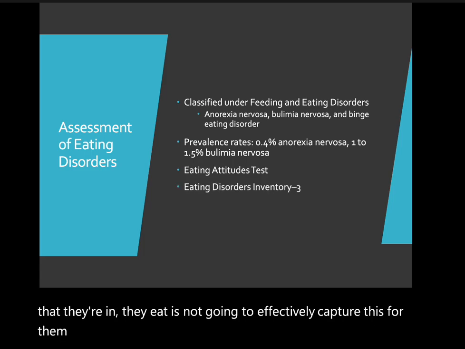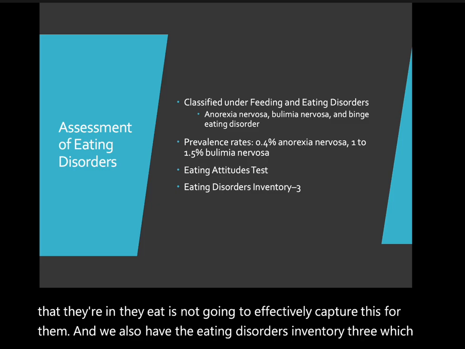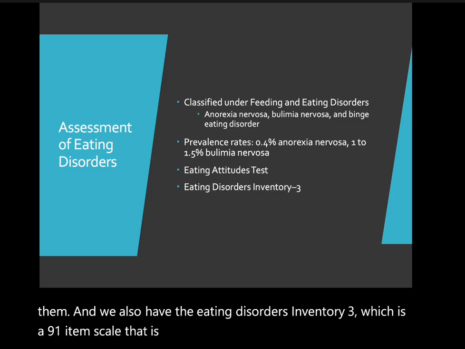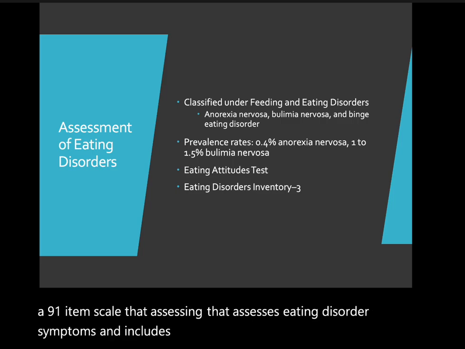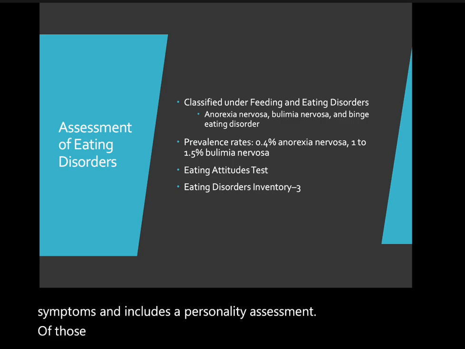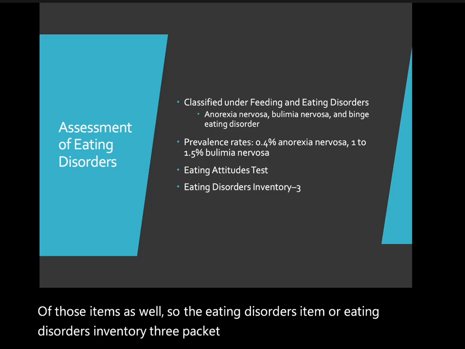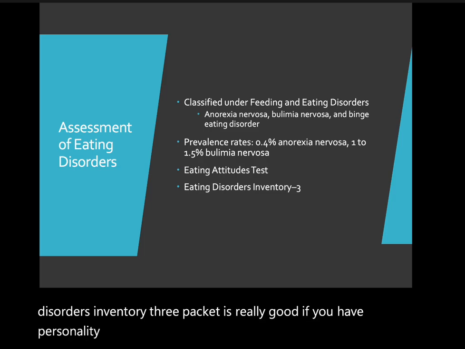And we also have the Eating Disorders Inventory 3, which is a 91 item scale that assesses eating disorder symptoms and includes a personality assessment of those items as well. So the Eating Disorders Inventory 3 packet is really good if you have personality components that could be leading into someone's disordered eating.